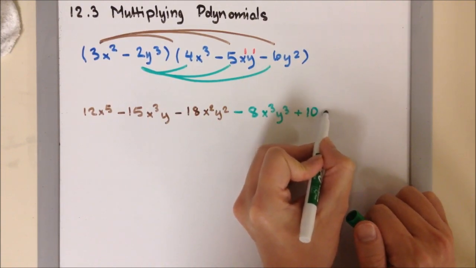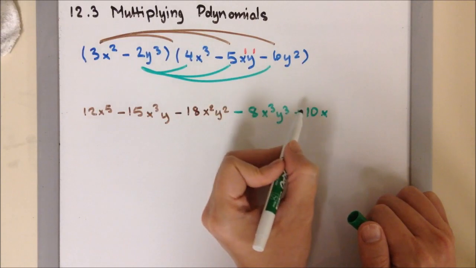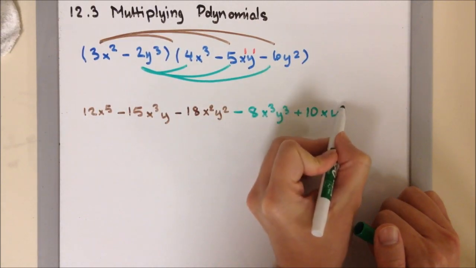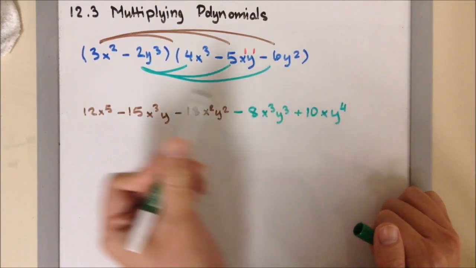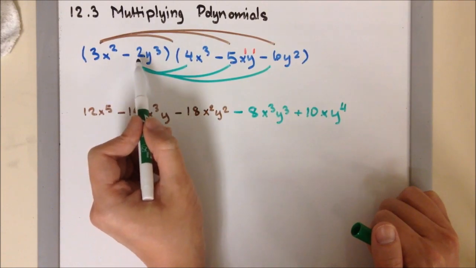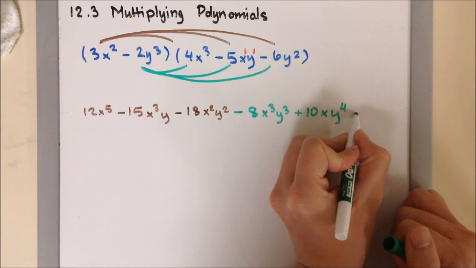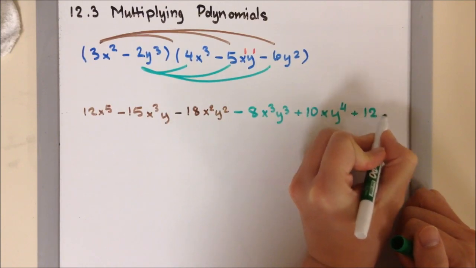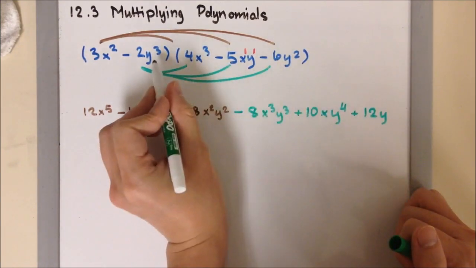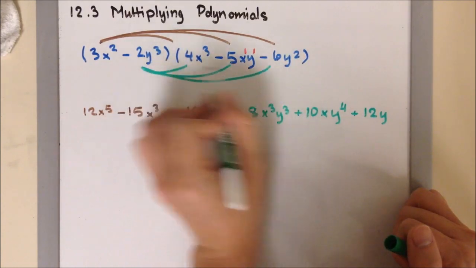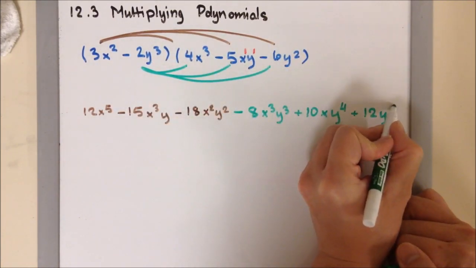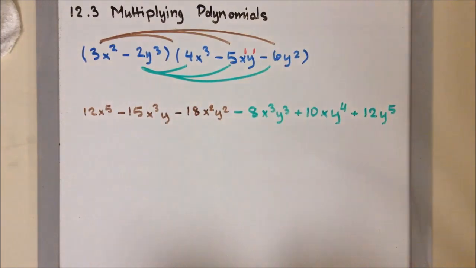There's no corresponding x, but we do have a corresponding y. We're going to add their exponents here, which is going to be to the fourth. And then negative 2y to the third times negative 6y to the second power will be positive 12y. We're going to add the exponents since we're multiplying corresponding y's, so it's going to be y to the fifth power.